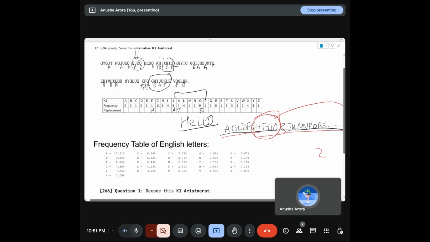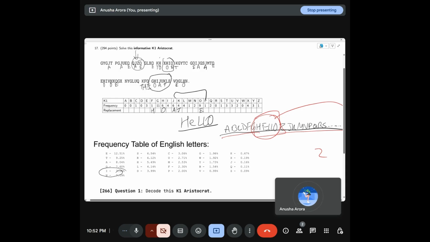So these could be, we already have E's, so it could be something like an I, maybe, or an N, or an S or an R. So those could be our G's. Other things that have high frequencies are H. So H, well, we just filled that in. So H is going to be an O.